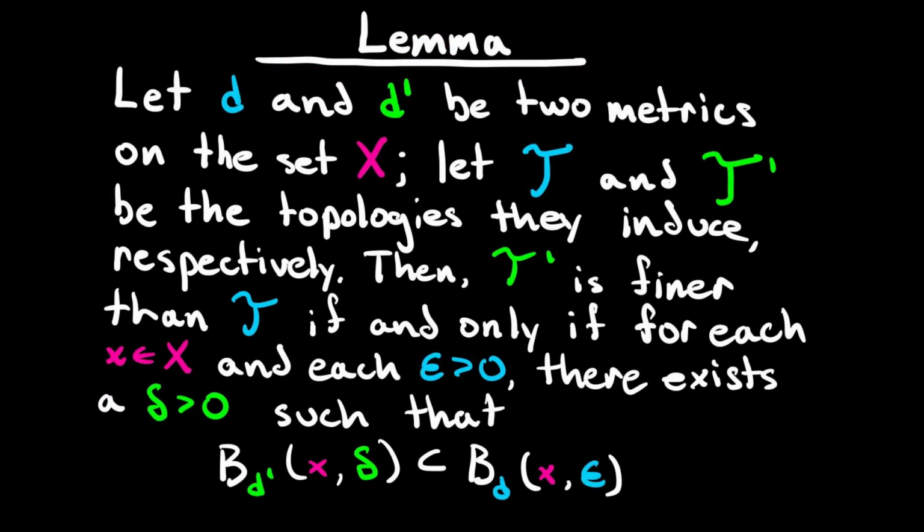Let D and D' be two metrics on the set X. Let tau and tau' be the topologies they induce respectively.